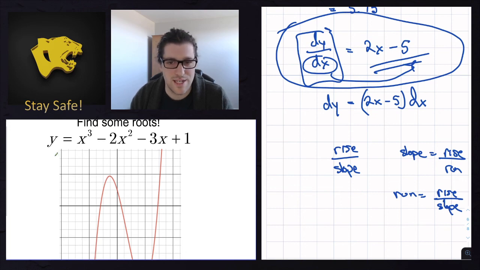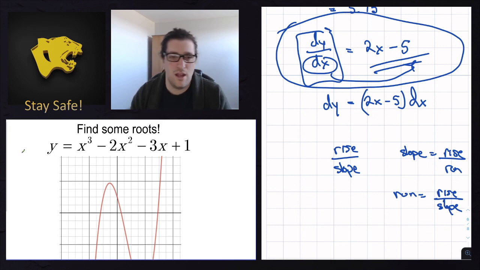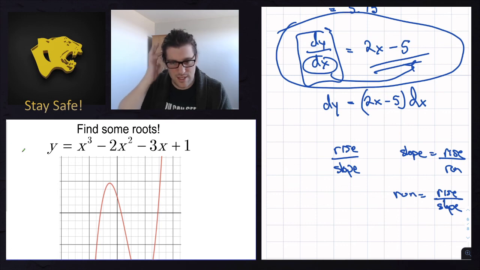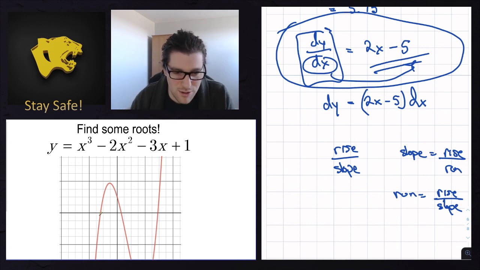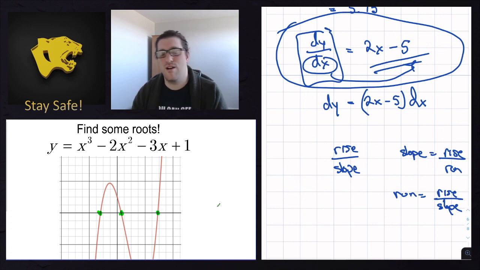So this would just be an example of doing it. You can try it out if you want to. Try to find some roots of this thing. As you can tell, all the roots look garbo, so none of those look like they are on nice numbers.